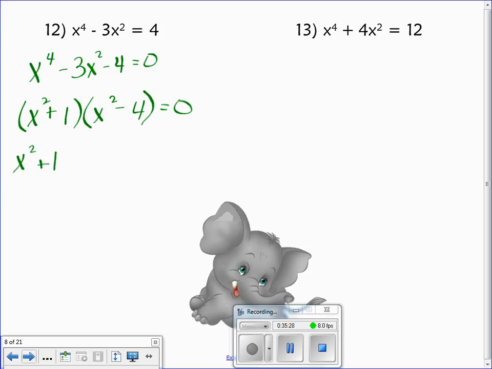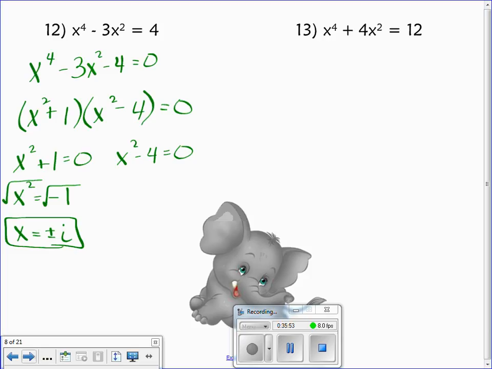All right, so we set them equal to 0. x squared plus 1 equals 0. x squared minus 4 equals 0. So subtract 1. x squared equals negative 1. Plus or minus 1i, technically, but just plus or minus i, and that one's fun.